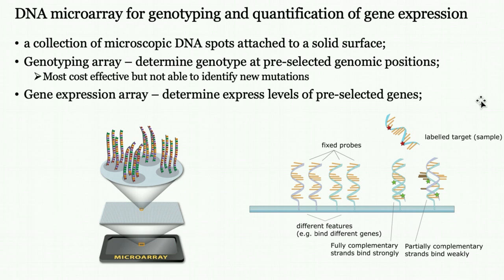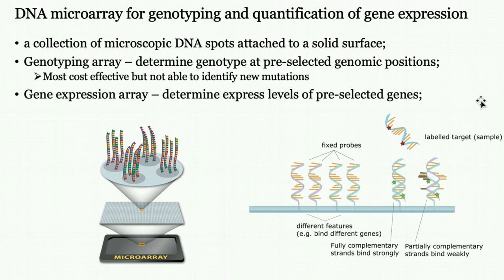So microarray is basically a solid surface. This is a microarray, a solid surface, and on the surface there are many pre-designed oligonucleotides. We can pre-design those oligonucleotides so that, for example, if we are looking at a SNP, we have two alleles.